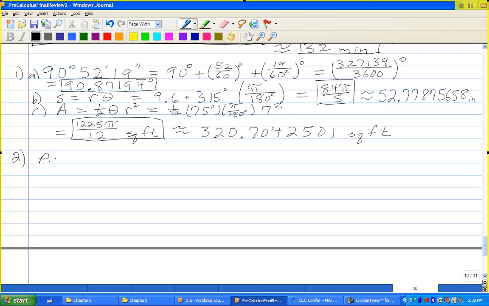Okay, so the area is 1/2 theta r squared.